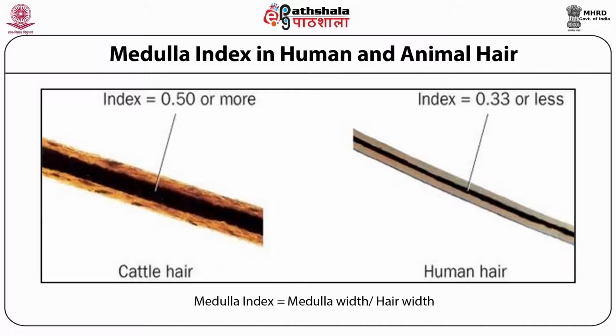In the first diagram, the illustration of cattle hair is shown, where the medullary index is 0.50 or more, whereas in humans the medullary index is 0.33 or less.